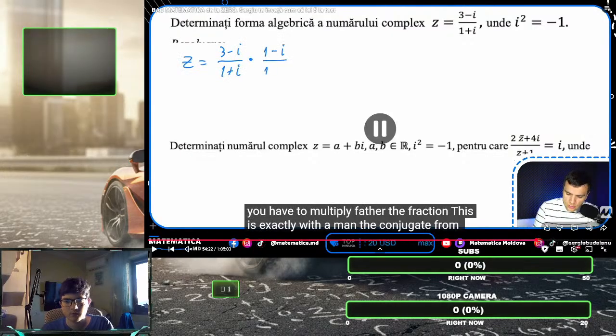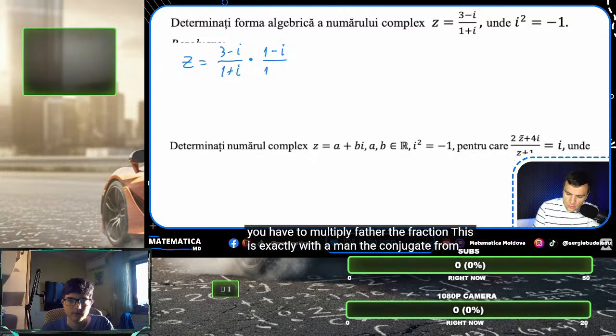Okay, so we got another thing with a z. Now yeah, z is a plus bi. The conjugate of z is a plus bi, a minus bi. I don't know if we're gonna work with that here. We just know that i to the second power is minus 1 essentially.